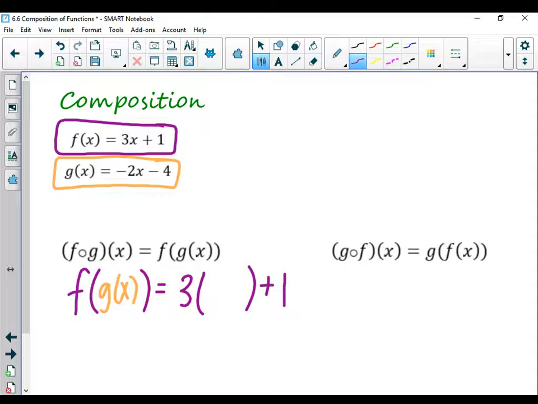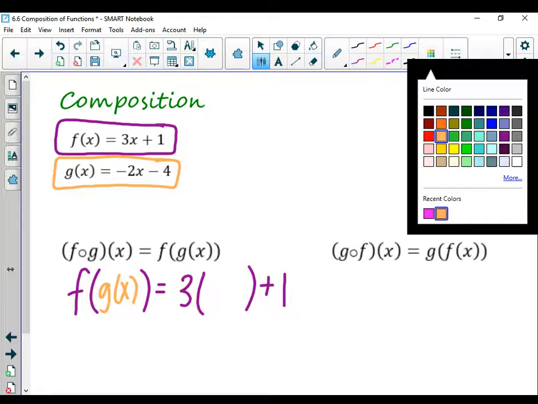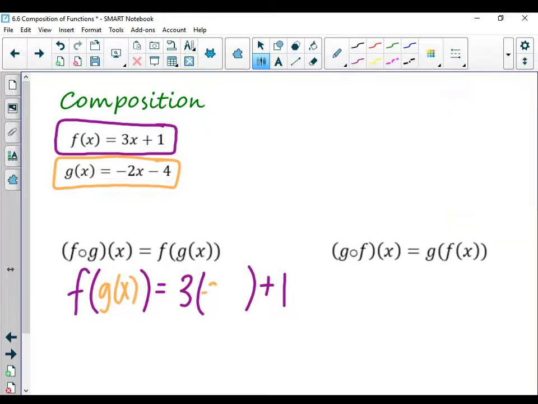That's the biggest mistake a lot of kids have, that they'll say I'm taking the g of x equation and I'm plugging it in, but then they leave that x there too, and there it just becomes too much. Okay, so then from there we have our g of x equation, which is negative 2x minus 4, and we simplify. So negative 6x minus 12 plus 1 gives me negative 6x minus 11. Okay.